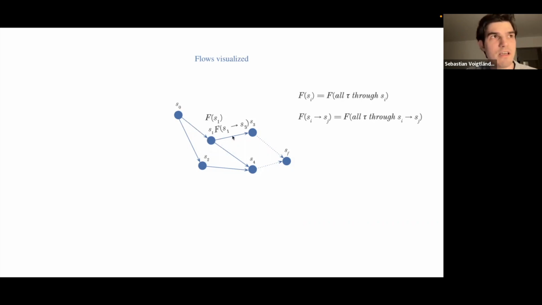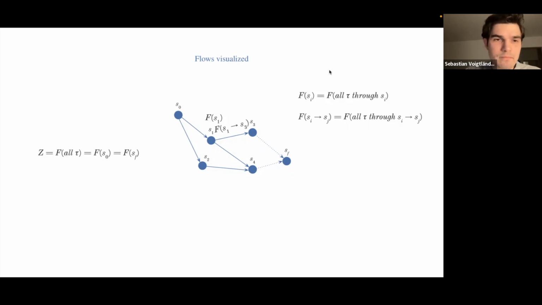I think this is the analogy that Bengio used in a post on GFlowNets. You can imagine that the total flow through S1, or through each node, is simply the sum over the flows of all trajectories through that node. And the flow along an edge is simply the sum over the flows of all trajectories through that edge.